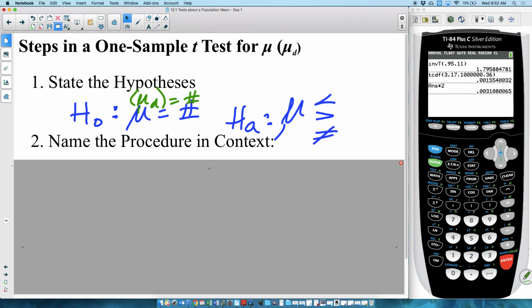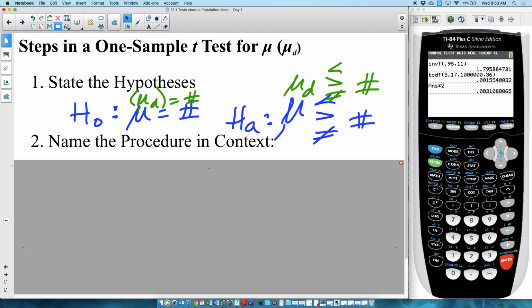Or mu sub d is less than, greater than, or not equal to whatever our number is. I'm going to have terrible handwriting on this because I can't see where I'm writing. Okay, there we go.